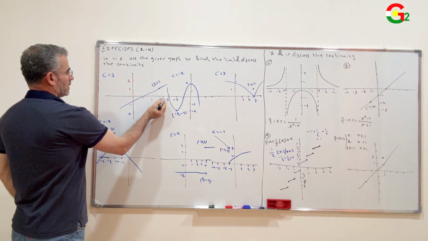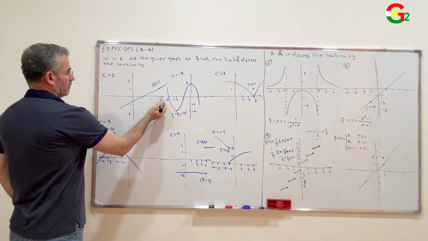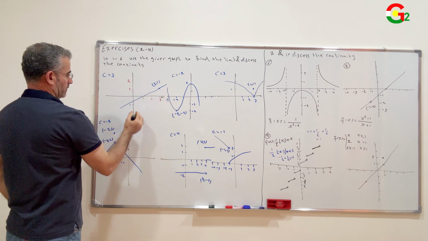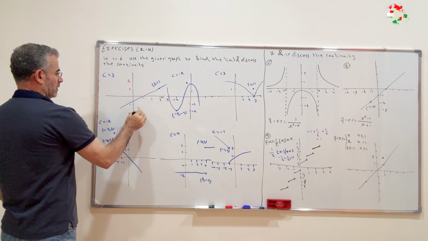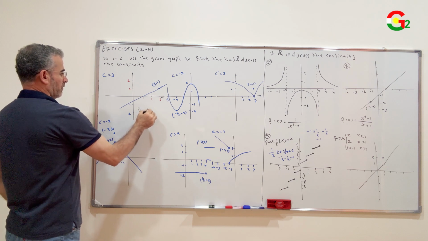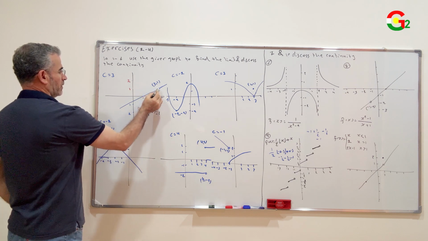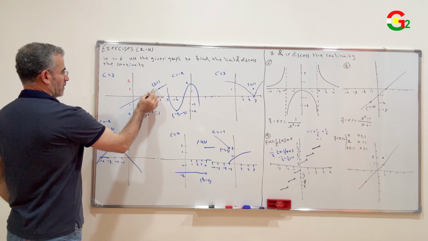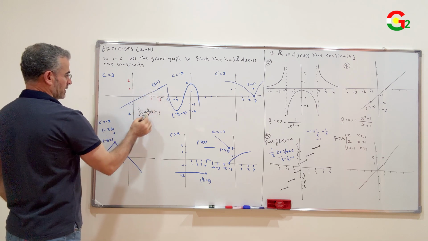When x approaches 3 from right, the function is 1. Therefore, the limit as x approaches 3 from right for f of x equals 1. From left, also the value of f of x is 1.